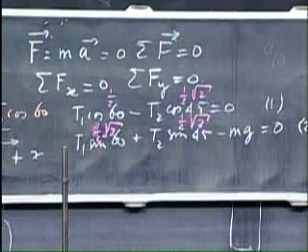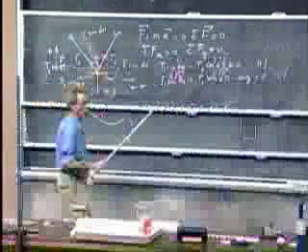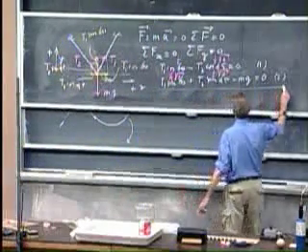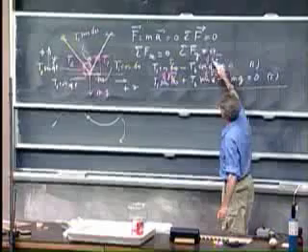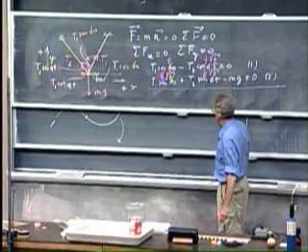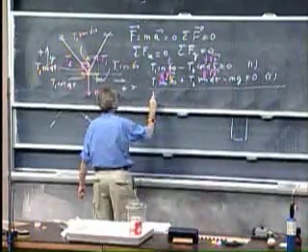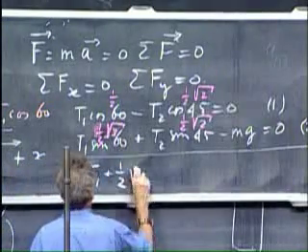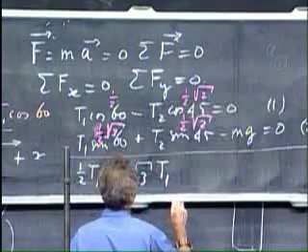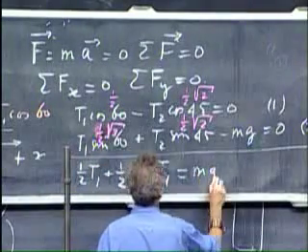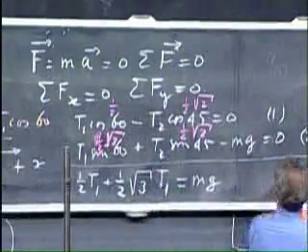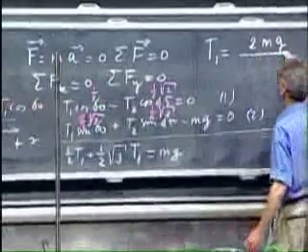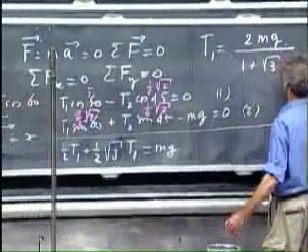Notice I have two equations with two unknowns. If you tell me what m is, I should be able to solve for T1 and for T2. In fact, if we add them up, it's going to be very easy, because we lose this, because we have both 1/2 square root 2. And so you see immediately here that 1/2 times T1 plus 1/2 square root 3 times T1 equals mg. And so you'll find that the tension T1 equals 2 mg divided by 1 plus the square root of 3.